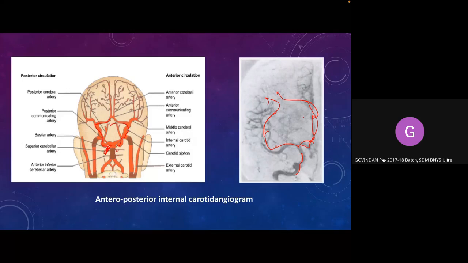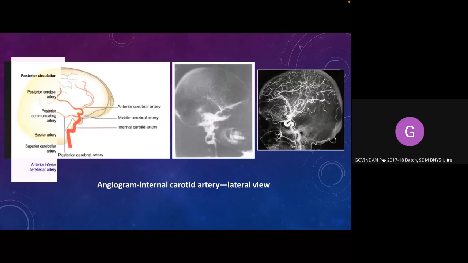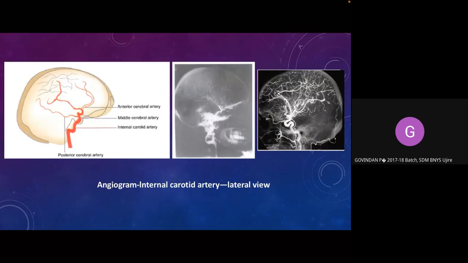It looks like a berry, and that is why it is a fatal condition if it bursts. Then we have the posterior cerebral artery, and here we can see the beautiful brain parenchyma following the angiogram. On the lateral view, this is the posterior communicating artery arising from the internal carotid artery, and the anterior and middle cerebral arteries also arise from the internal carotid artery.